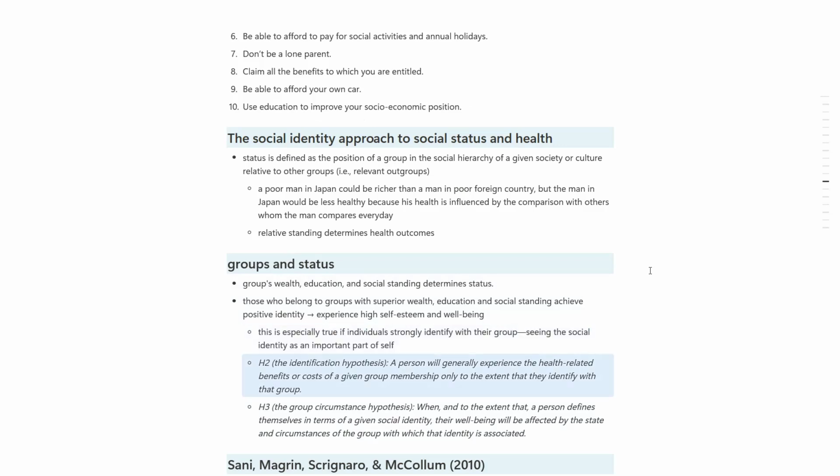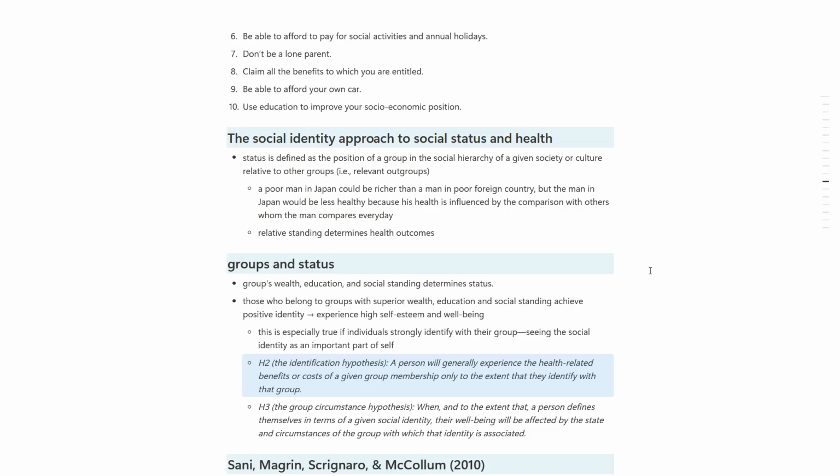In, I guess, the first or maybe the second chapter, I mentioned several hypotheses, and one of them was hypothesis 2, the identification hypothesis. A person will generally experience the health-related benefits or costs of a given group membership only to the extent that they identify with that group.